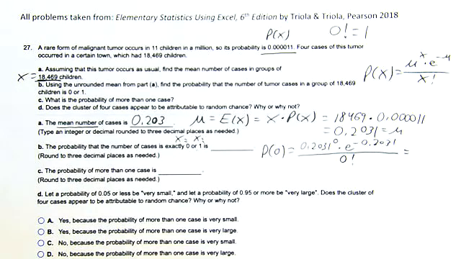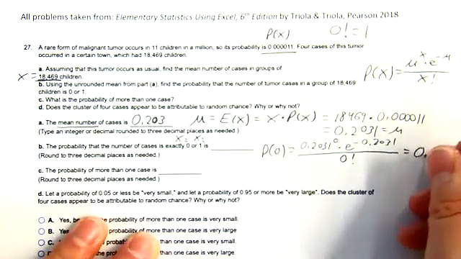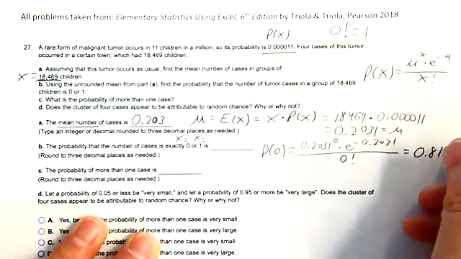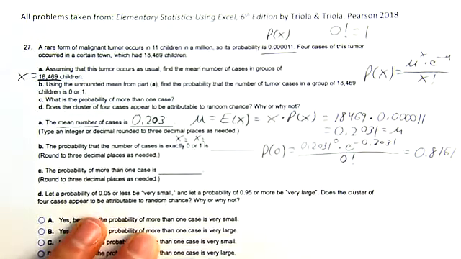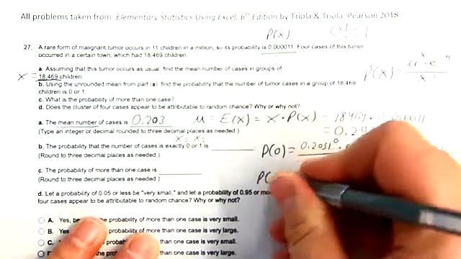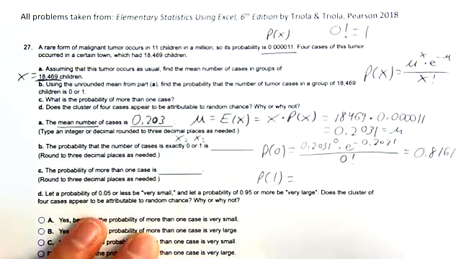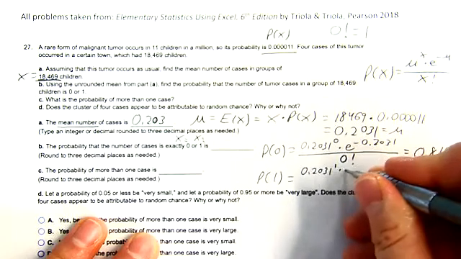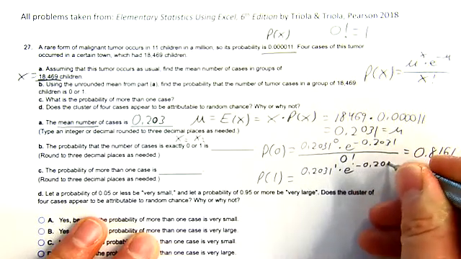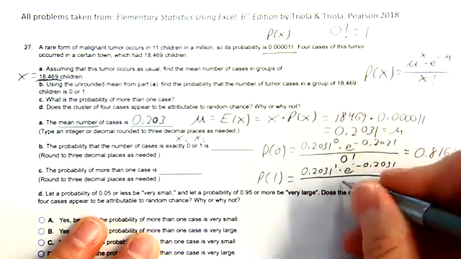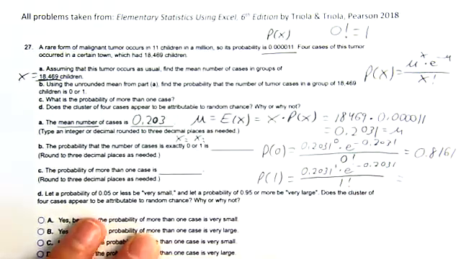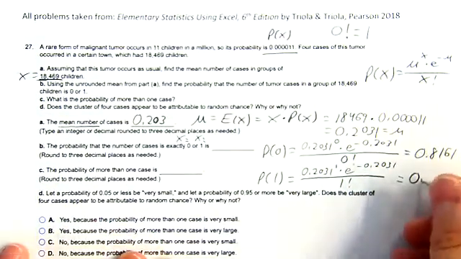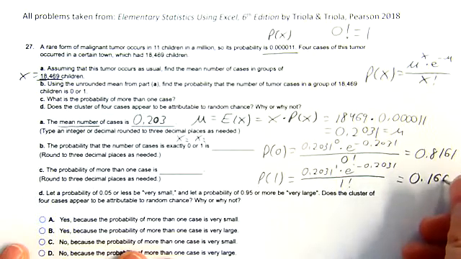If you do this, you would get 0.8161. The probability of 1 tumor would be this 0.2031 to the first power, e to the minus 0.2031, so that doesn't change, all over 1 factorial, and if you do this, you will get 0.1657.